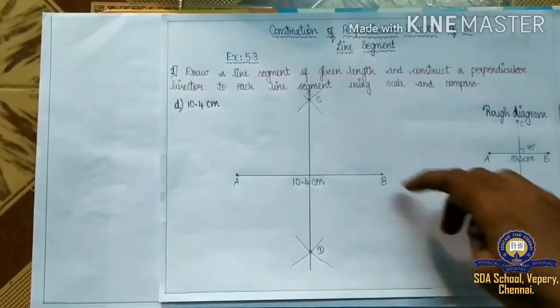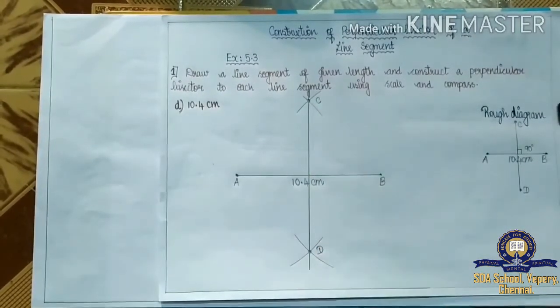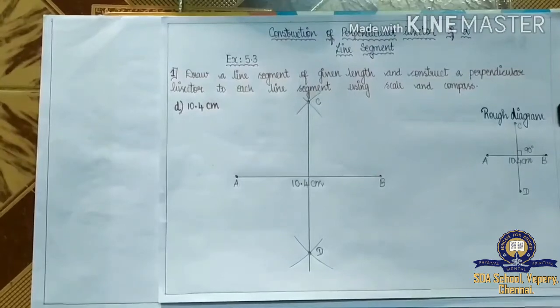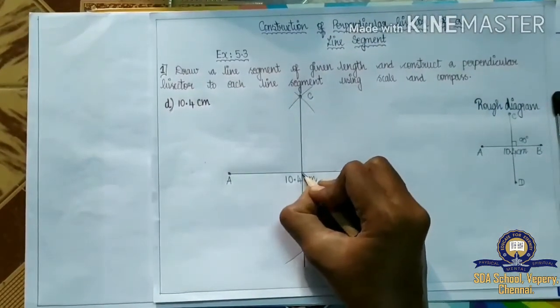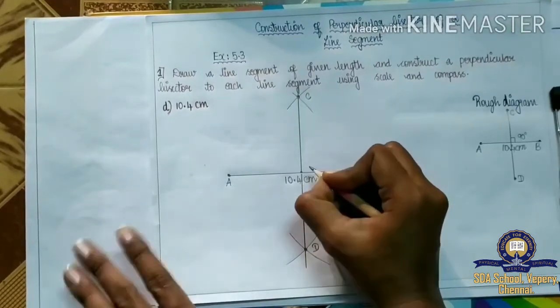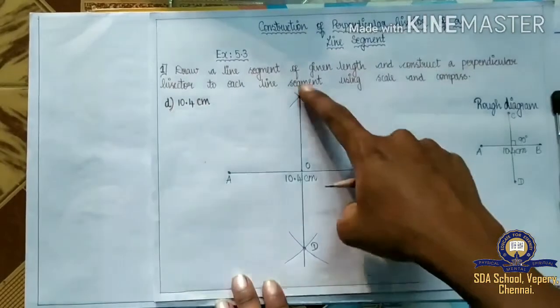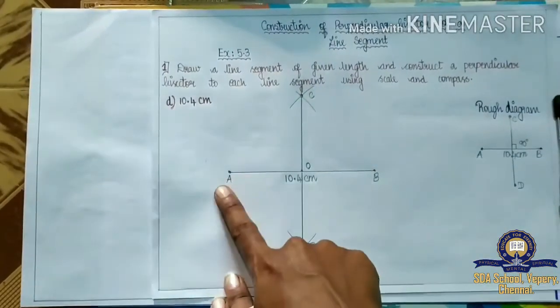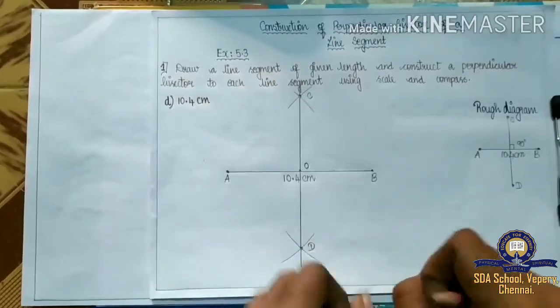Now see, CD intersects AB. And mark the point of intersection as O. Now CD is the required perpendicular bisector. And now we will check whether it is true.